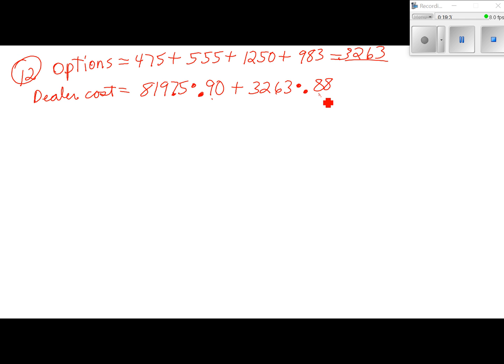And here they're making about 12% of whatever the 3,263 is. Plus the destination charge. This time they told us that the destination charge was $890. We punch all that into our calculator, and I come up with $77,538.94. So that's the dealer's cost.